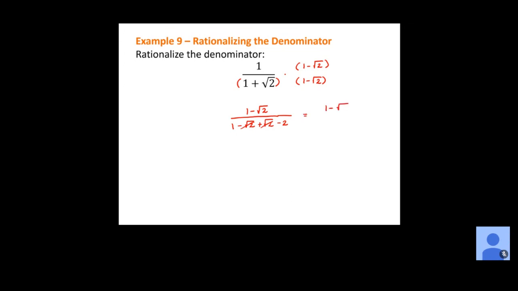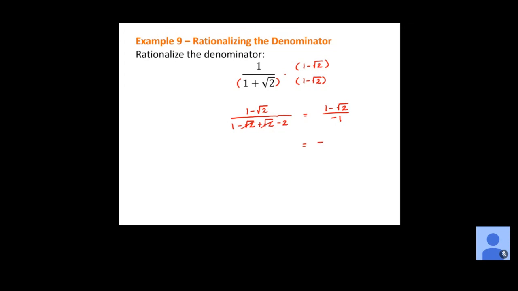So now we're left with 1 minus the square root of 2 all over negative 1. And then we can simplify that, right? So rather than just leaving a negative 1 in the denominator, what would that simplify to? You could just put a negative in front of the entire fraction, right?